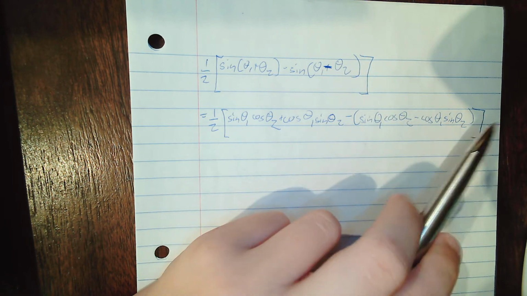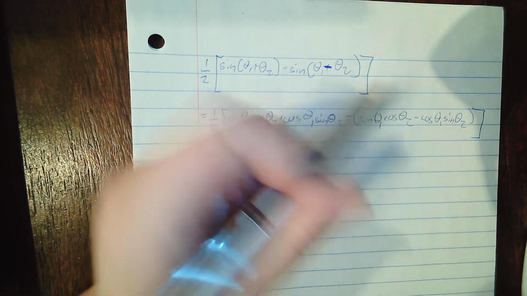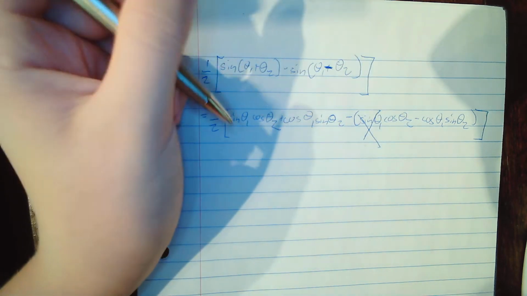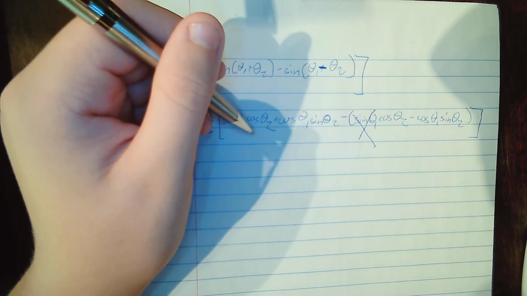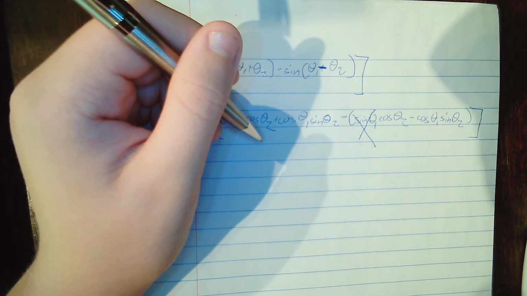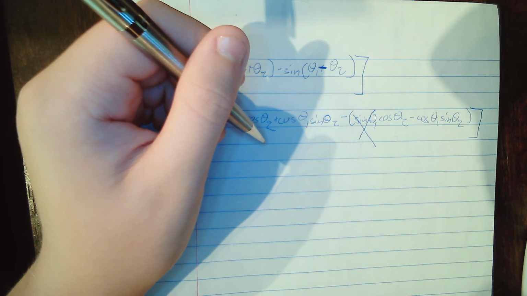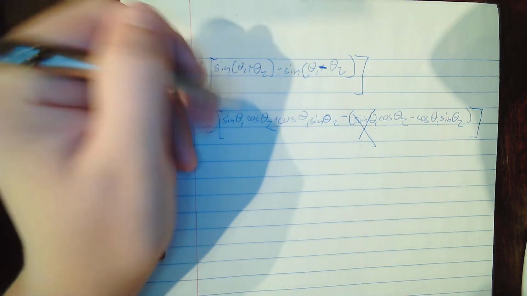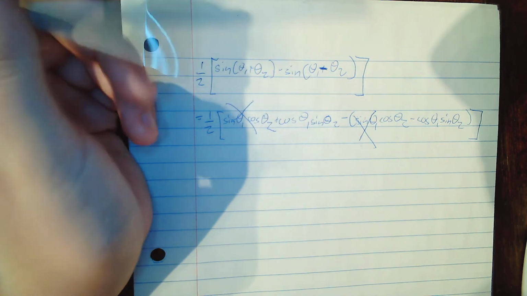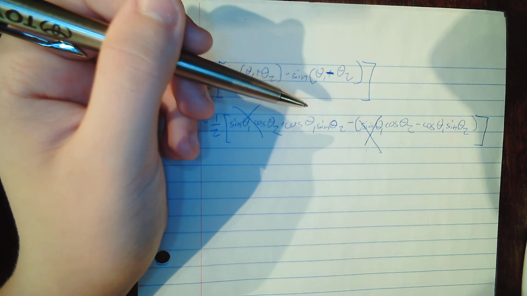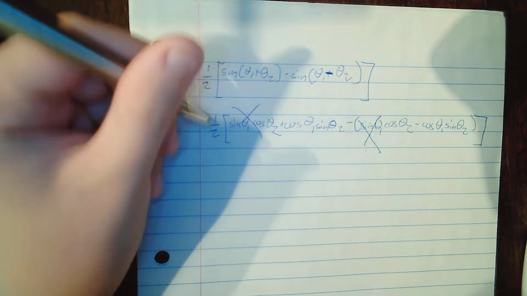This is negative and this is positive. So these two are the ones that, are those the ones that cancel? Yeah, those are the ones that cancel out. So wait, hold on. Yeah, so these are the two left.